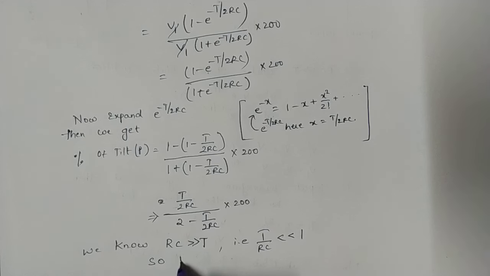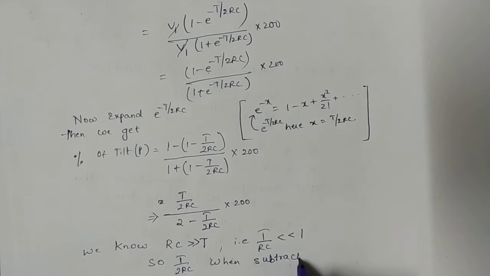So the T by 2RC value, when subtracted from 2, is very small. So we can neglect it.